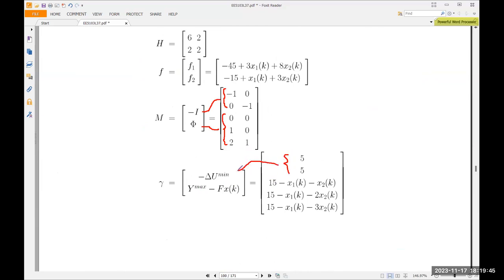Your U min, and then that goes inside your gamma, and this one comes from here. You go back to find the corresponding M; it says that it is phi and minus 1. Gamma, it says that it's this and it's U min.